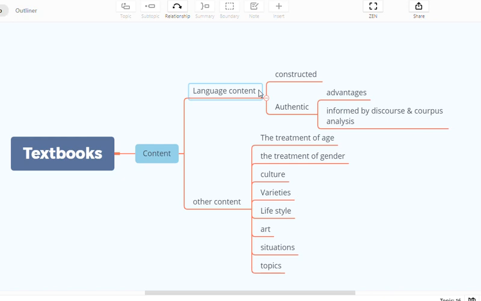You see that in the Iranian context, the textbooks include particular topics, not topics of interest to all learners. The topics are interesting for a particular group of students or a particular group of authorities.